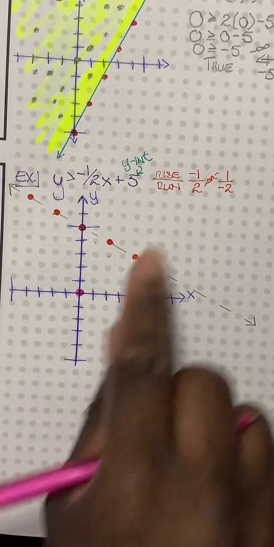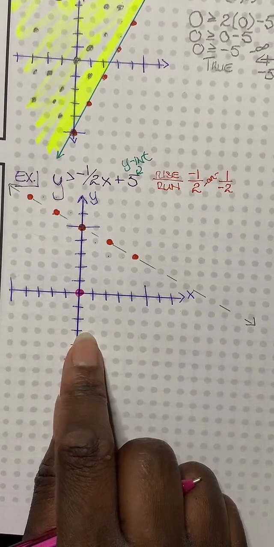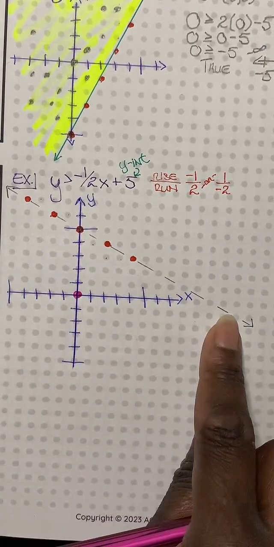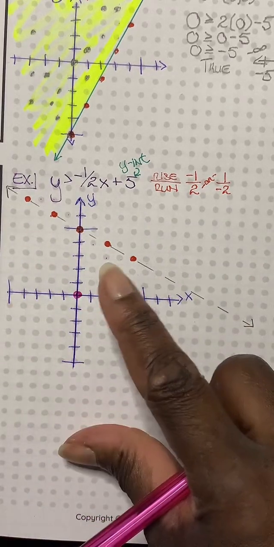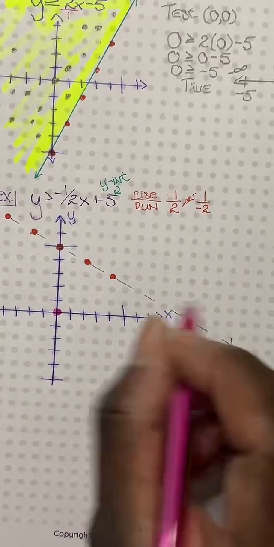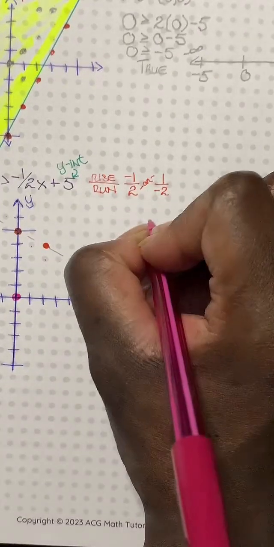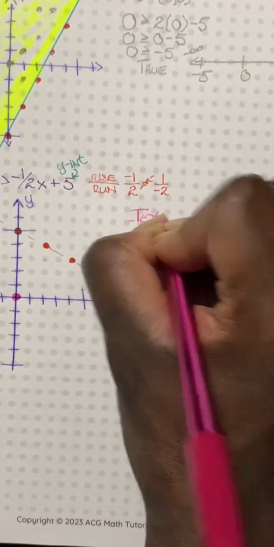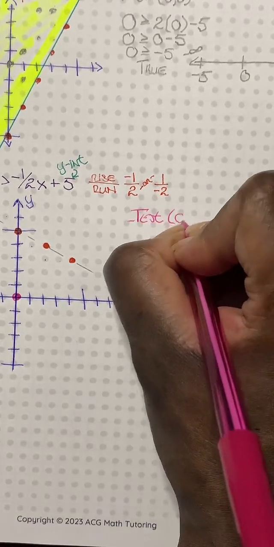After a while, you'll figure out which is going to be top and which is going to be bottom based on how your boundary line is angled. But if you're not sure, let's test it with that point 0, 0.